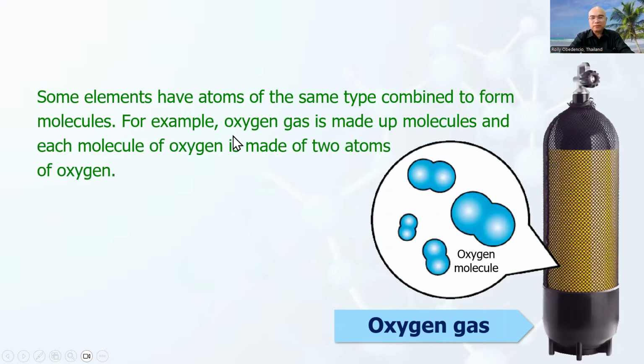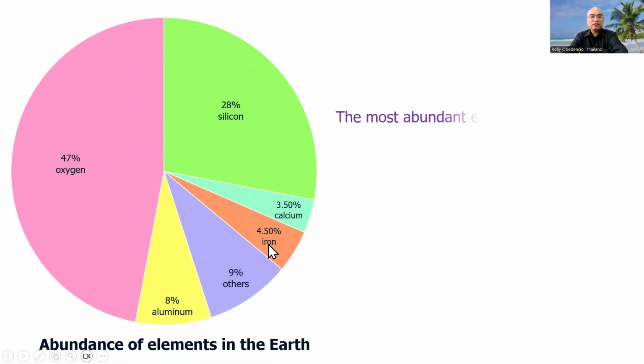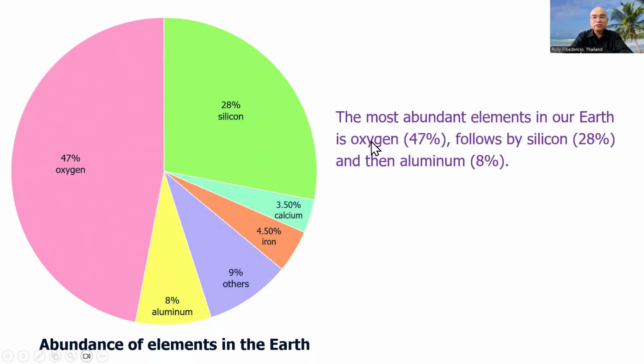For example, oxygen gas is made up of molecules, and each molecule of oxygen is made up of two atoms of oxygen. Hydrogen gas is also made up of molecules, and each molecule of hydrogen is made up of two atoms of hydrogen.